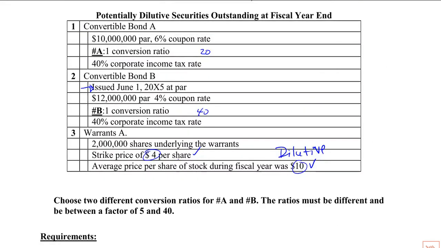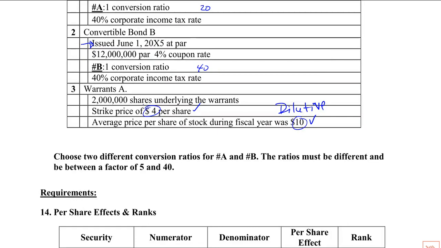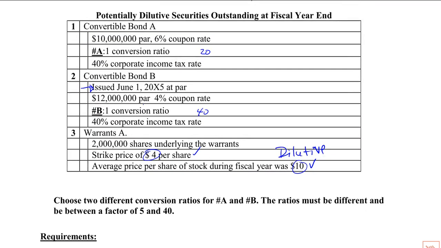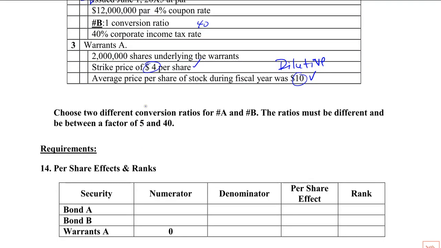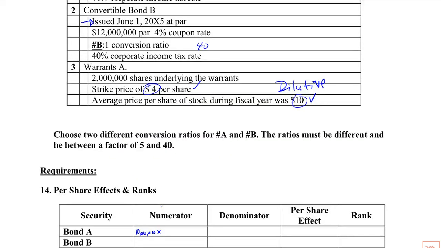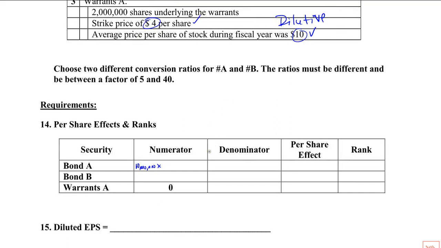So bond A, we can do this work here. 10 million and 6% and a tax rate. Where's your tax rate? 40%. Okay. Numerator is 10 million times 6% times 1 minus the tax rate.